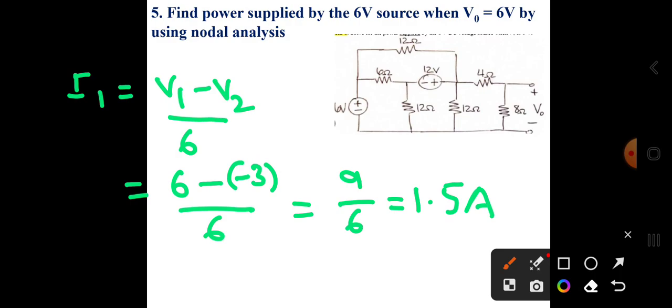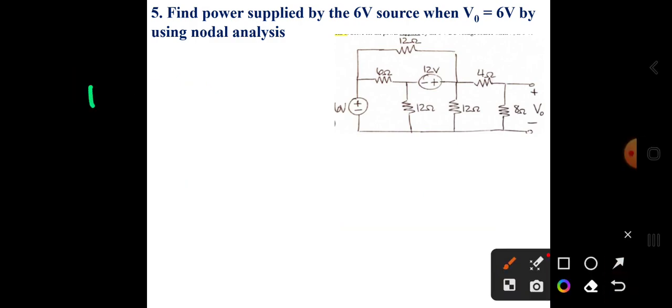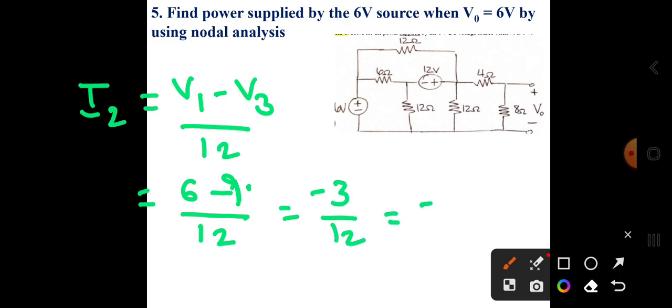Next, what is I2? I2 is equal to V1 minus V3 by 12. V1 is 6, V3 is 9, divided by 12. This is minus 3 by 12, that is minus 1 by 4 amperes.